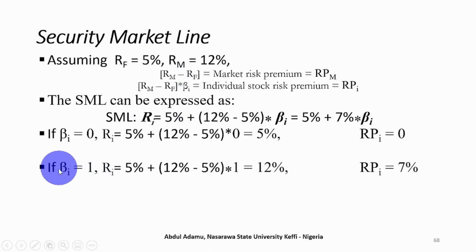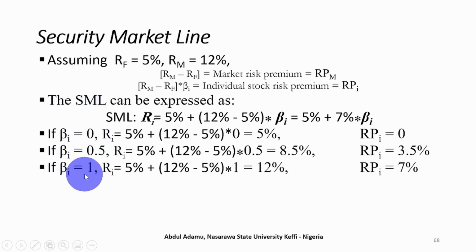If our beta is equal to 1, which is the same as the market beta, and we plug it in, 7 times 1, then the individual stock risk premium will be the same as that of the market. The required rate of return will be equal to 12%, because if we add this to the 5% here, we get 12%. So those are some extreme cases.